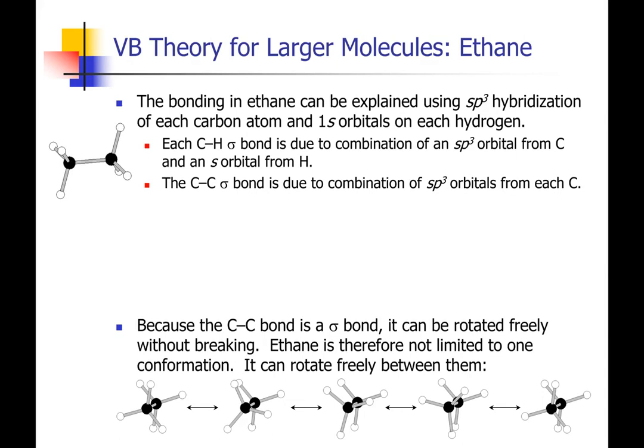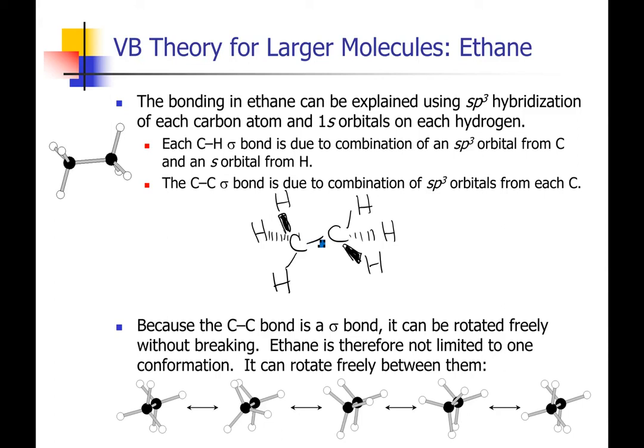If I want to show my bonds, show what I'm doing in terms of valence bond theory, I have to, of course, start by drawing out my molecule, so I'll go ahead and do that using that wedge and dash notation that I talked about on the previous page. My wedges and dashes aren't always the prettiest things ever, but I try.